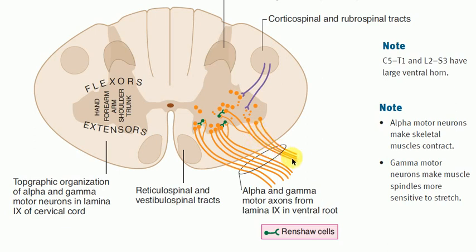They also have a motor function, but they innervate the muscle spindles inside the muscle fibers. And the muscle spindles are the receptors, as we discussed earlier, the stretch receptors present inside the skeletal muscle. And the gamma motor neurons innervate the muscle spindles.